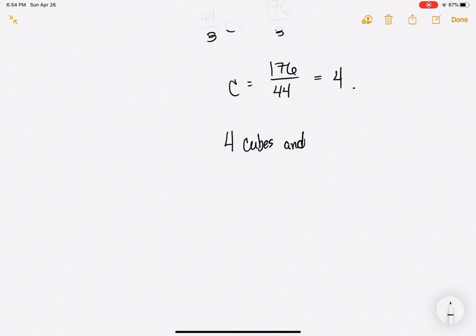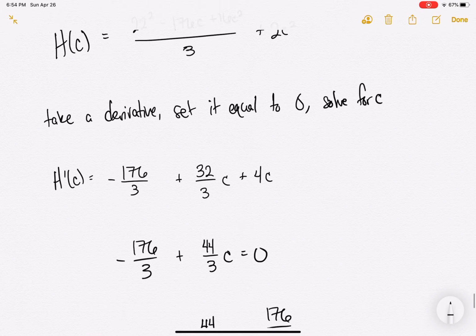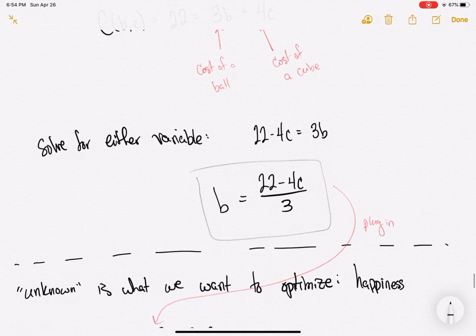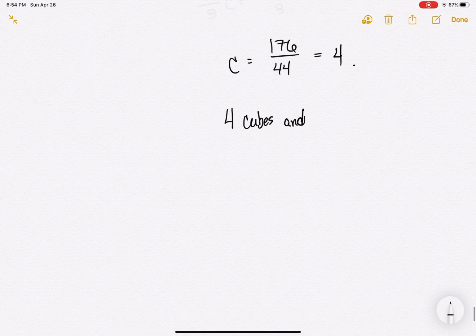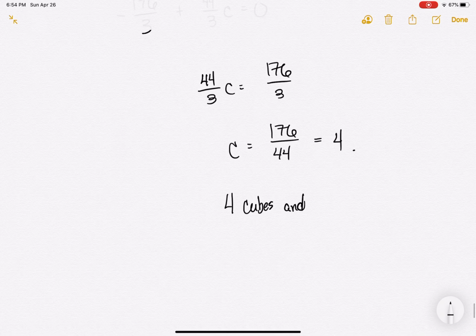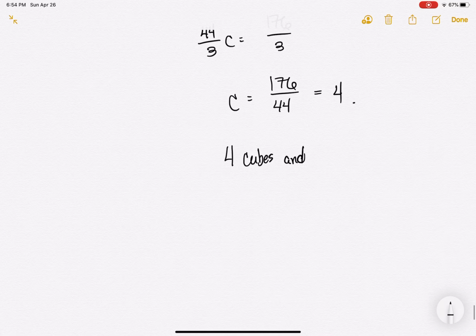And how many balls then? Well, we go up to our equation. b equals (22 minus 4c) over 3. So b equals 22 minus 16 is 6, over 3, is going to give me 2 balls.